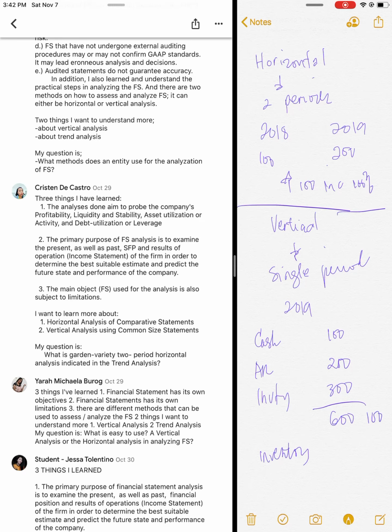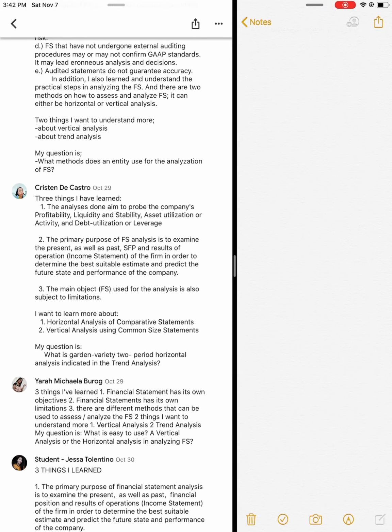So you just compare this. So ibig sabihin, if 600 is 100%, so this is 50%. 50% of your assets is inventory. Okay? So, this is the idea of horizontal and the vertical analysis.